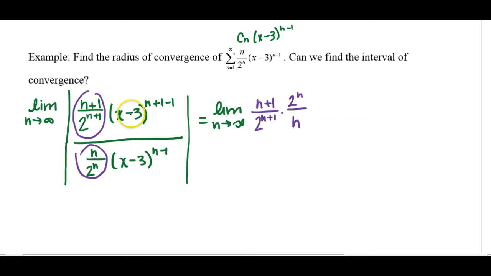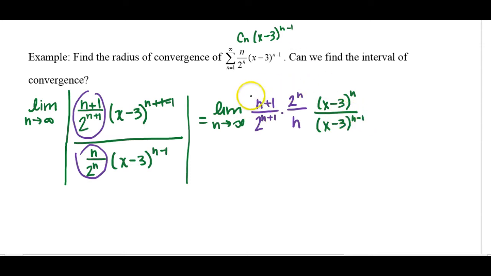And then I'm just going to leave the x minus 3. So (x minus 3) to the n on top, because the plus 1 and minus 1 cancel. And on the bottom, I have (x minus 3) to the n minus 1.